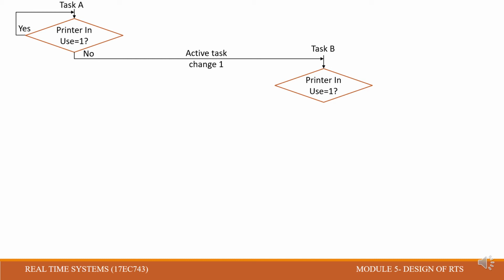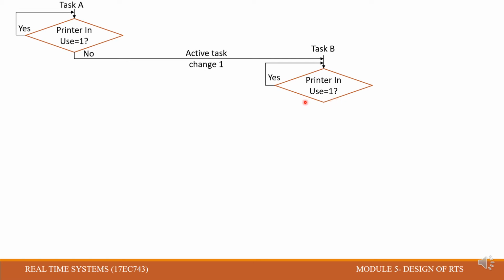But before it executes the next instruction, task A was currently executing, and the dispatcher forces some other task B to change the status of the task. Now task B runs and it attempts to use the same flag, printer in use.